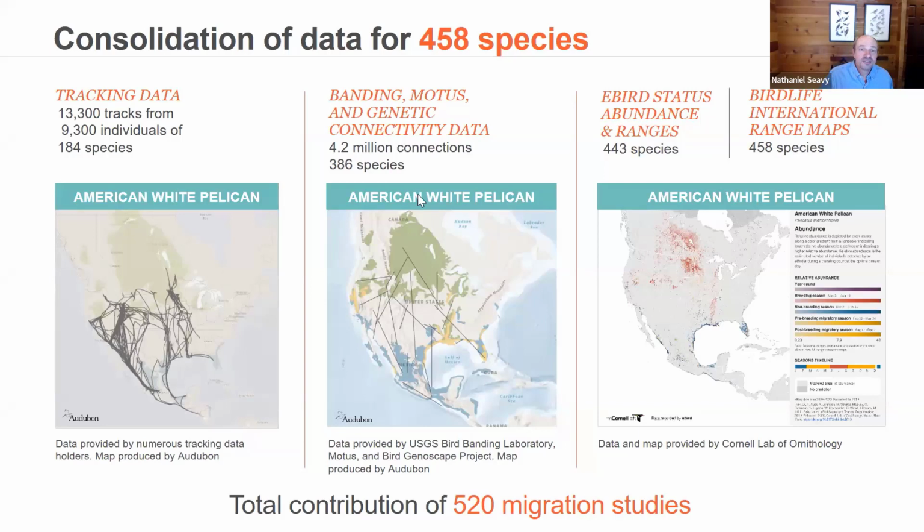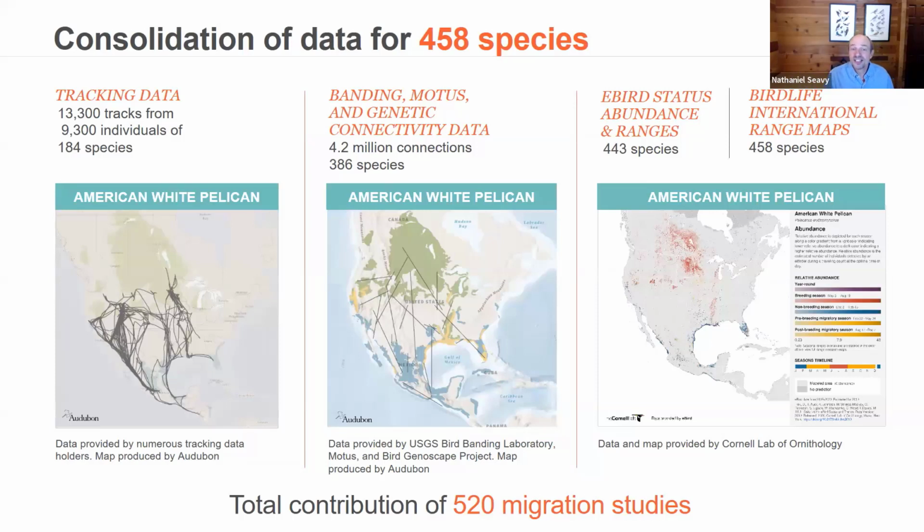And then we also have other information on movement that comes from banding data. You might be familiar with banding stations if some of you have visited those or even helped volunteer to run some of those. MOTUS, which is another kind of tracking data: if you have a MOTUS tower set up, if a bird has a MOTUS tag on it, then it will basically leave a record when it passes by that MOTUS station, that MOTUS tower.